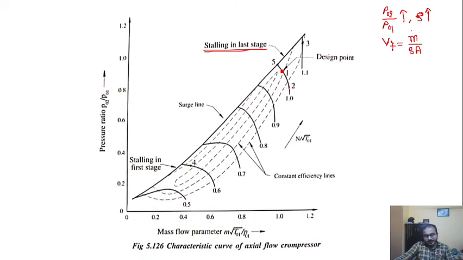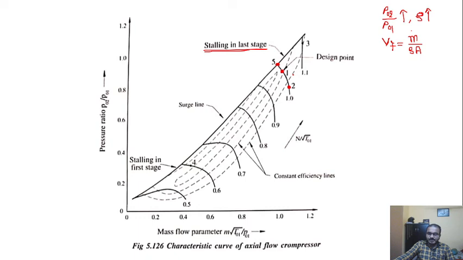So Vf will increase, so it will give us a decrease in incidence angle, and that will cause stalling here with negative incidence. So we have discussed these points. Point number 5 will be the surging, and point 2 here will be stalling with negative incidence.